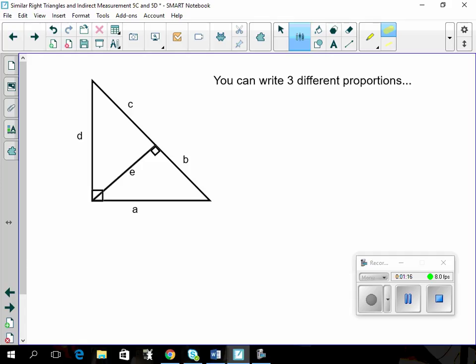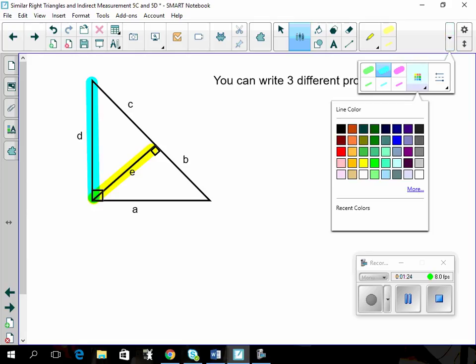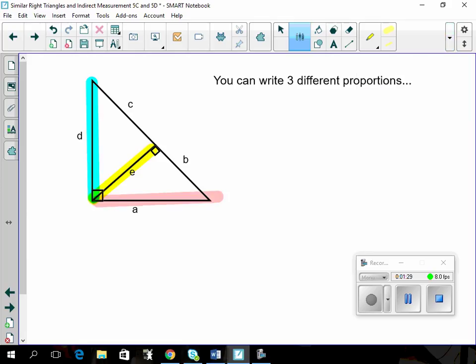I'm going to use 3 different colors, and if you're a color person, you can do this as well. Notice that they all connect at that right angle, and they are the 3 different scenarios of how we can write our proportions.